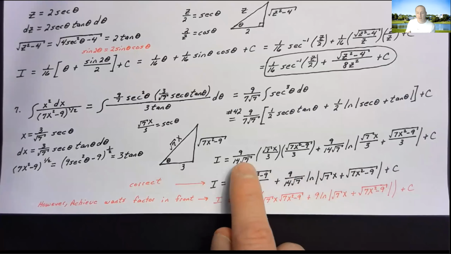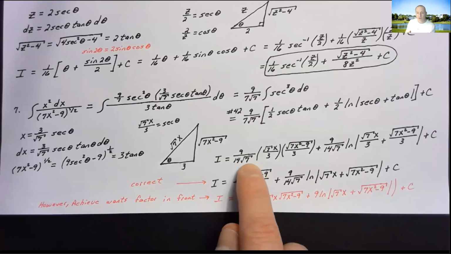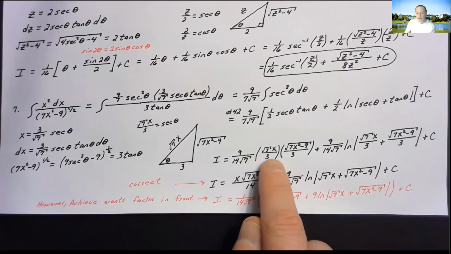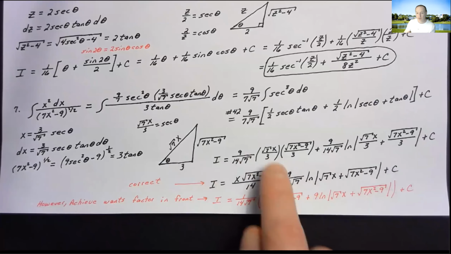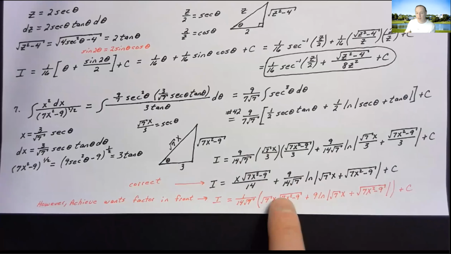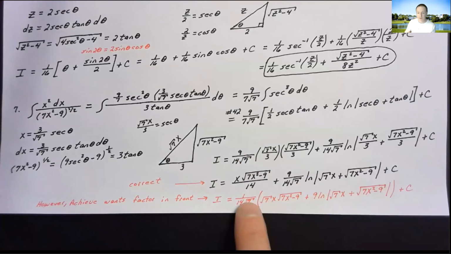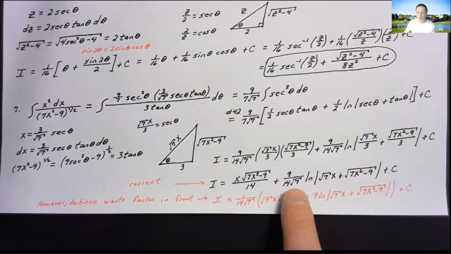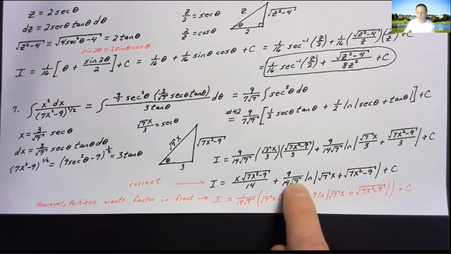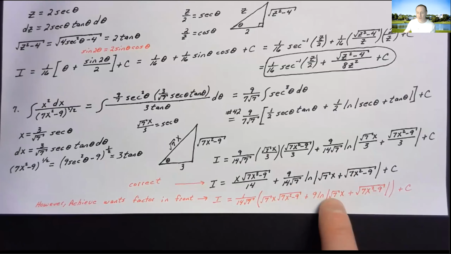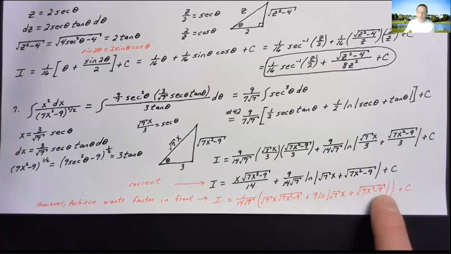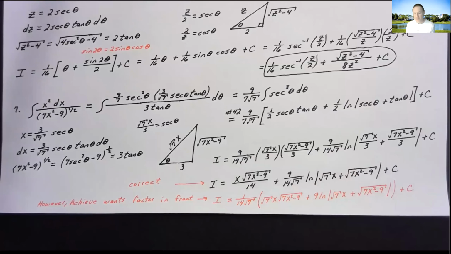When you factor out that 14 root of 7, your first term, this 9 still cancels with the 9 in the denominator, but you'd have the root of 7x times that, the root of 7x squared minus 9. Your second term, if you're factoring out that 14 root of 7, you're just going to be left with 9 natural log of the terms that were previously just in the numerator.